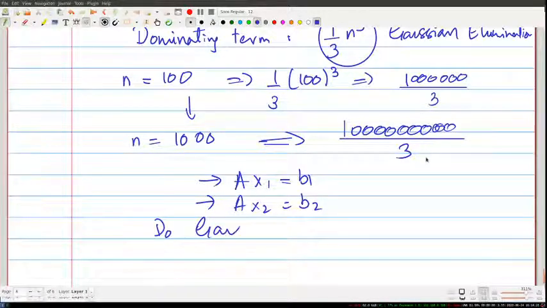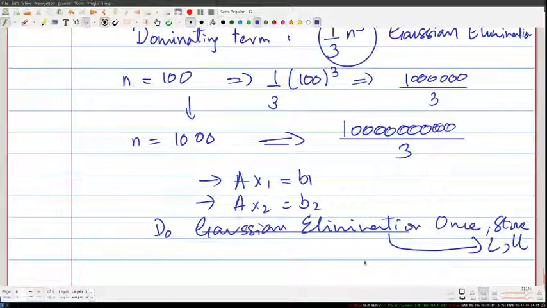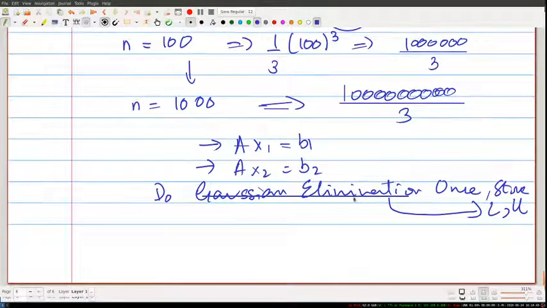So you pay the price, but you don't keep on paying the price. You do Gaussian elimination once, and you incur the cost, and then store L and U. By Gaussian elimination, you find what L and U are going to be, and let's give this a new name. Instead of doing Gaussian elimination, what you're doing is LU factorization.